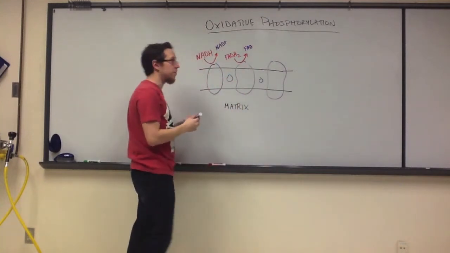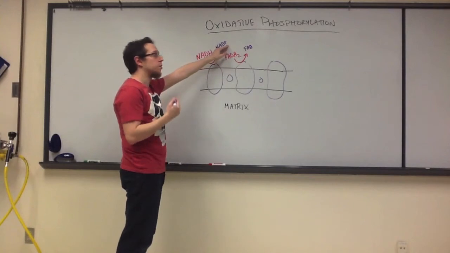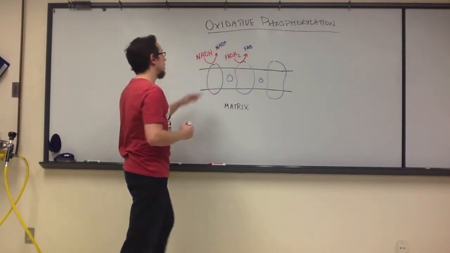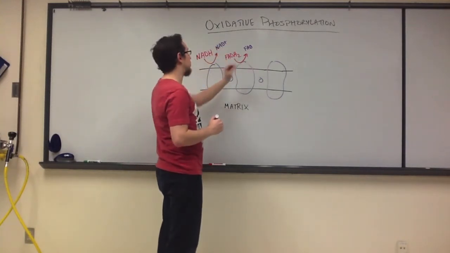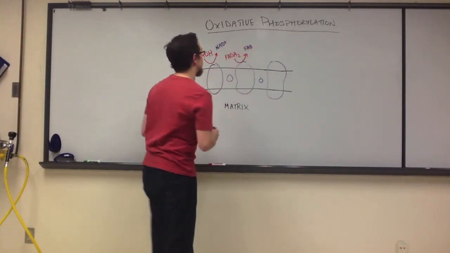So the total number of NADHs I input to the electron transport chain equals the number of NAD pluses produced during it, and the number of FADH2s I put into the electron transport chain also produces an equal number of FADs at the end.